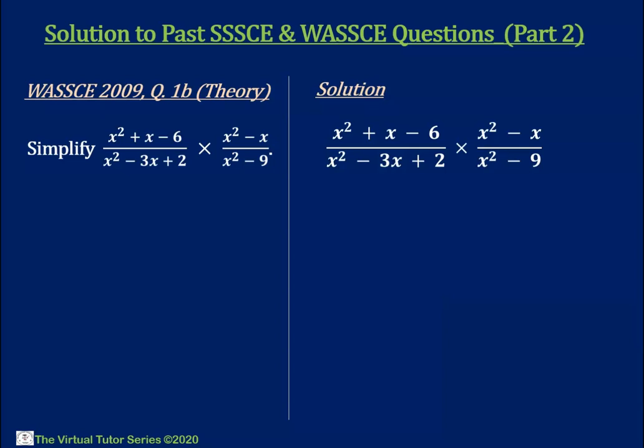The product of 1 and -6 is -6, and two factors of -6, which sum up to 1, are -2 and 3. Therefore, the factors of the expression are x minus 2 and x plus 3.